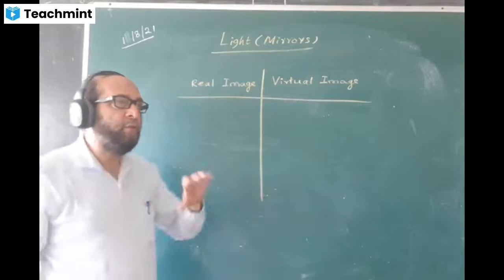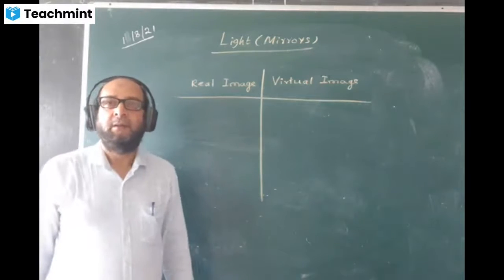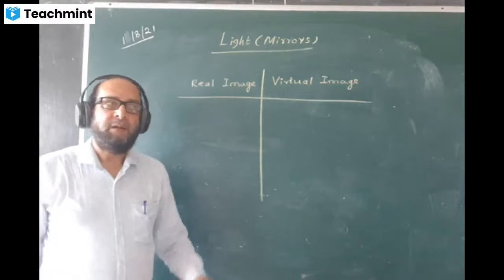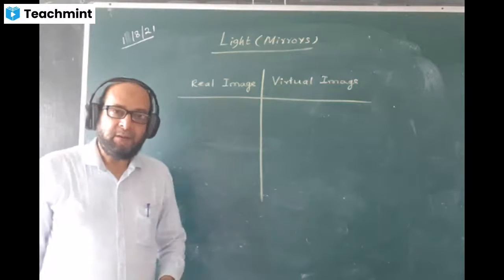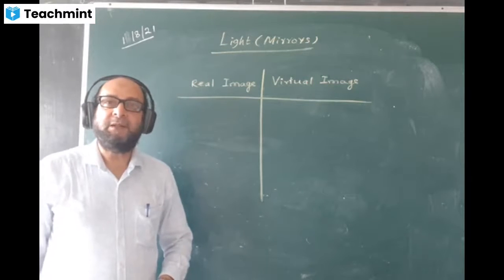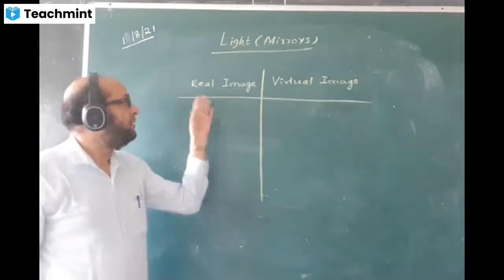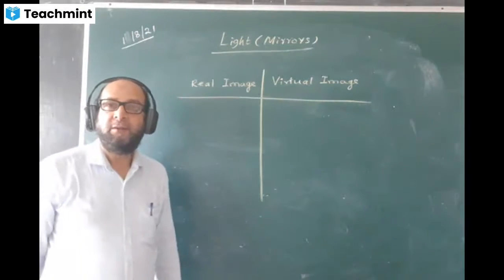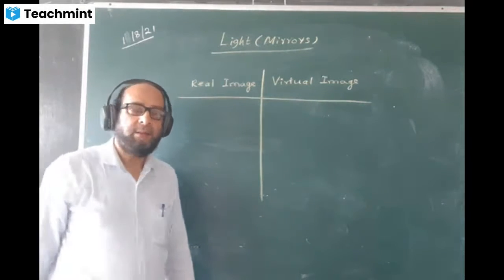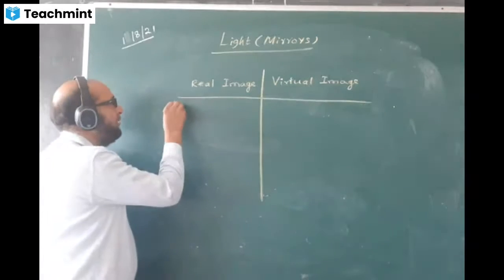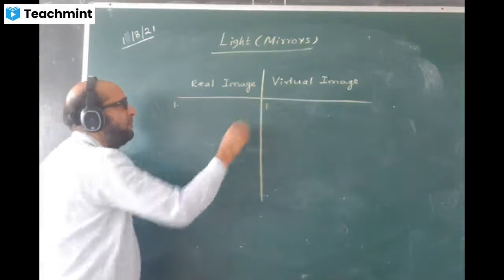Image means actually the duplicate form of the object. The other shape or other form of the object that we see is called image. There are two types of images. First point, write number one, here also write number one.